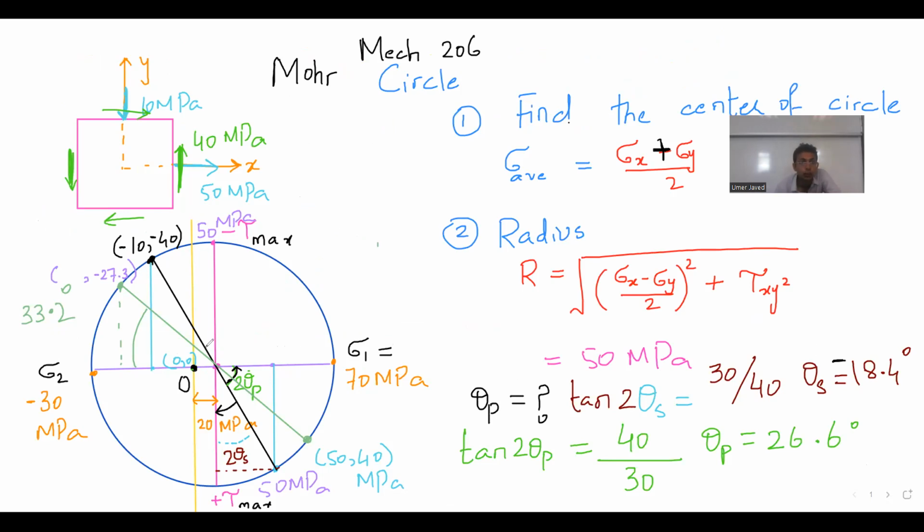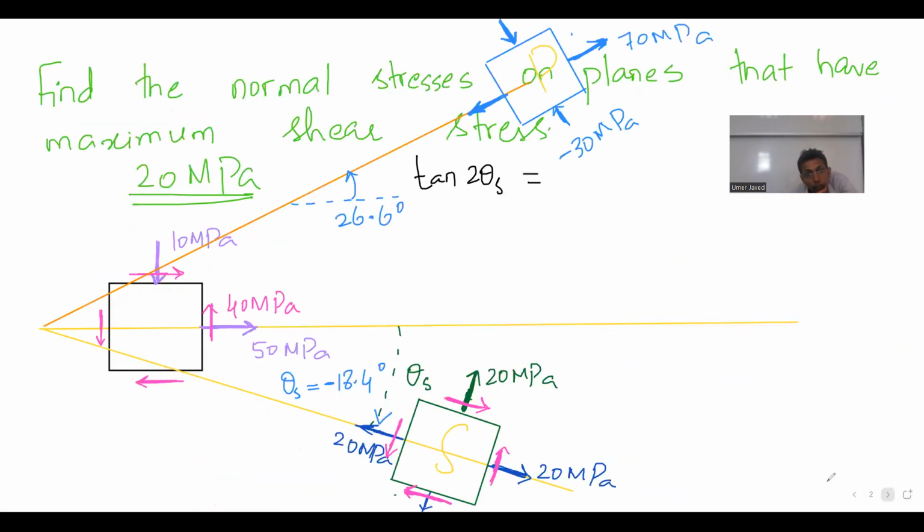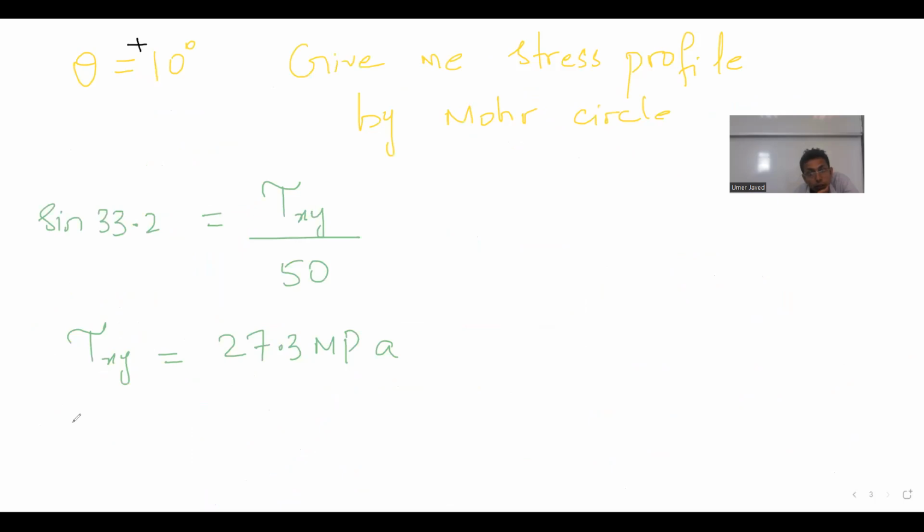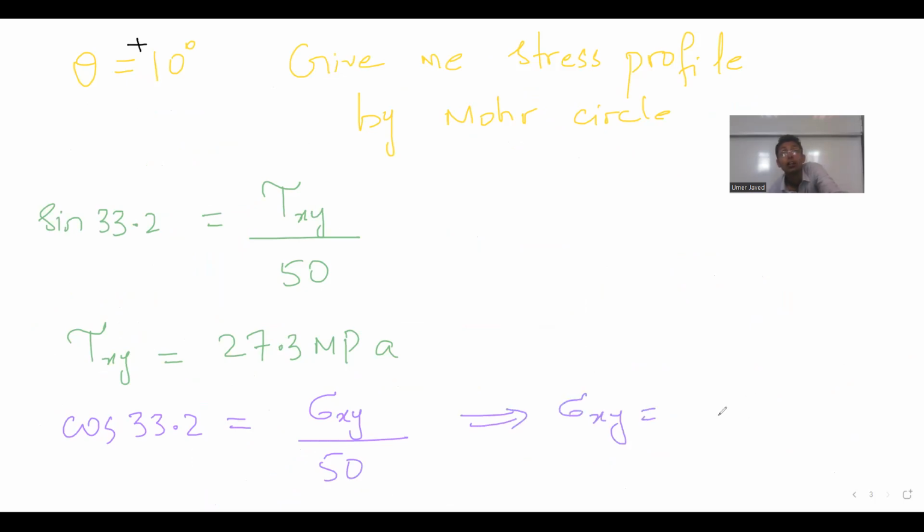Now I will follow the same strategy as Mehmet told us, and do cos theta equal to base over hypotenuse. Bahadur, can you please do cos 33.2 equal to base over hypotenuse? Can you give me stress x y? 41.8.